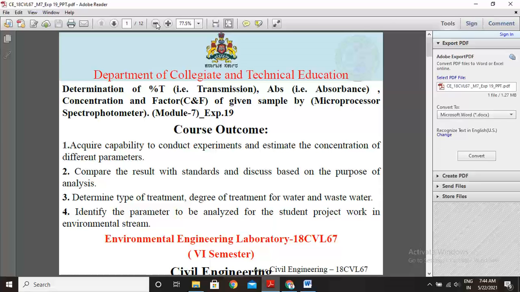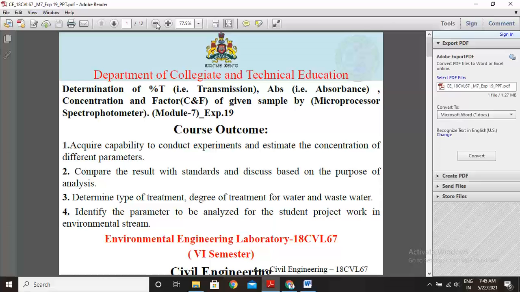Second course outcome is compare the result with standards and discuss based on the purpose of analysis. Third course outcome is determine type of treatment, degree of treatment for water and wastewater. Fourth course outcome is identify the parameter to be analyzed for the student project work in environmental stream.